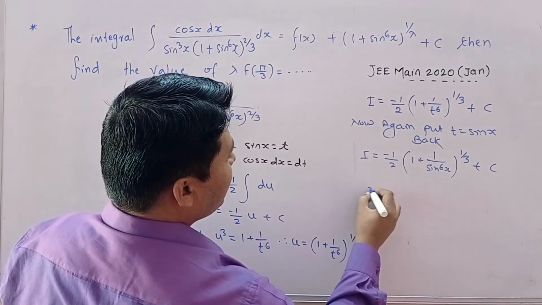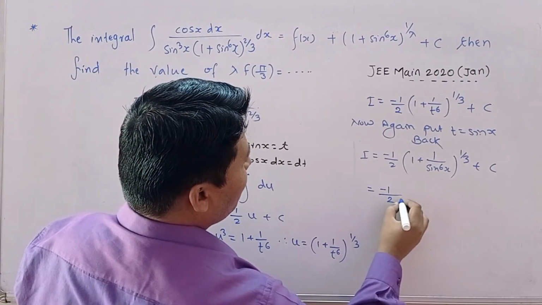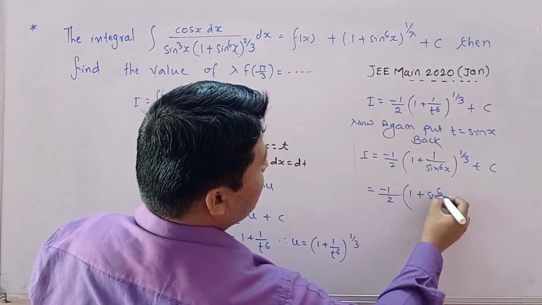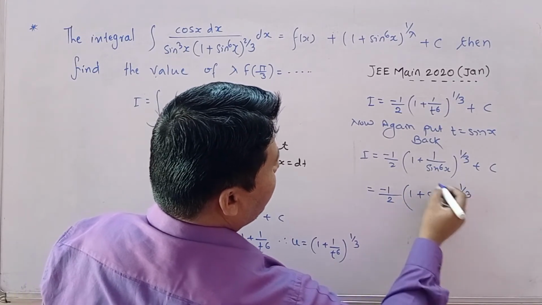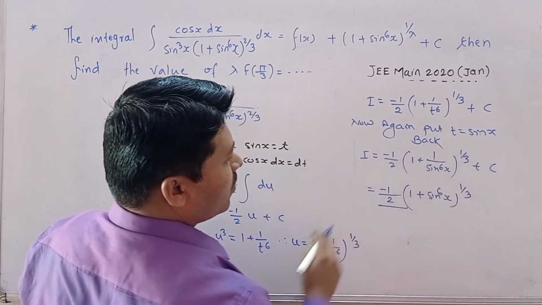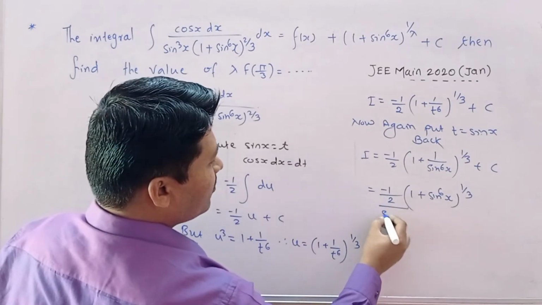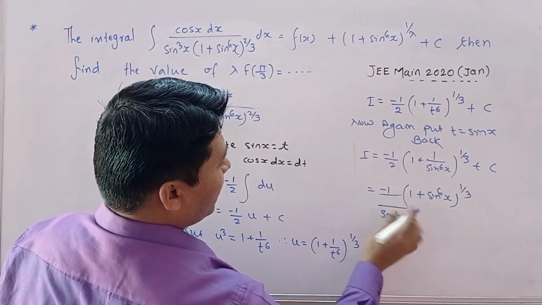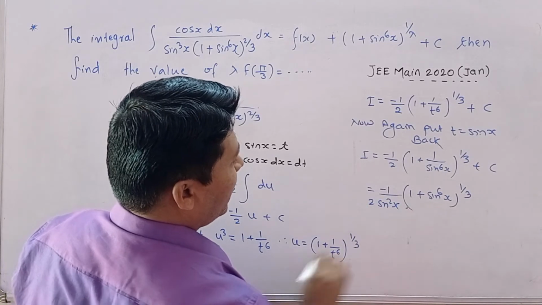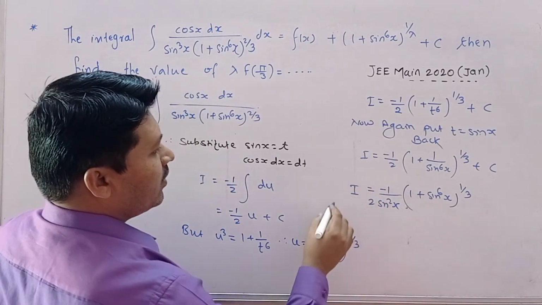Now we can simplify this term: minus 1 by 2, and we get (1 plus sin to the 6x) raised to the power 1 by 3, divided by (sin to the 6x) raised to 1 by 3, which becomes sin squared x. Therefore this is actually minus 1 upon 2 sin squared x, and this is my final solution.